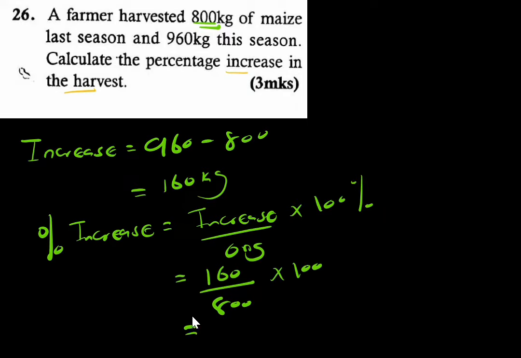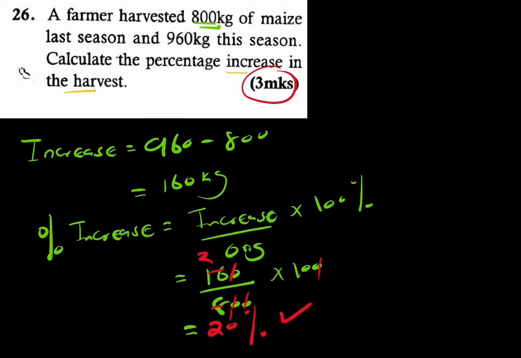So when you multiply 160 over 800 by 100, we find that the answer is 20%. And therefore, the percentage increase is 20%. So we score those 3 marks.